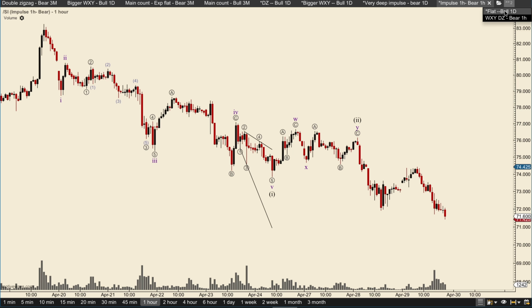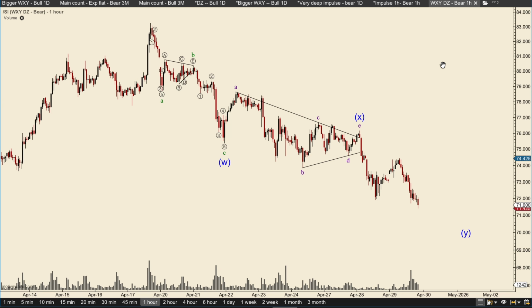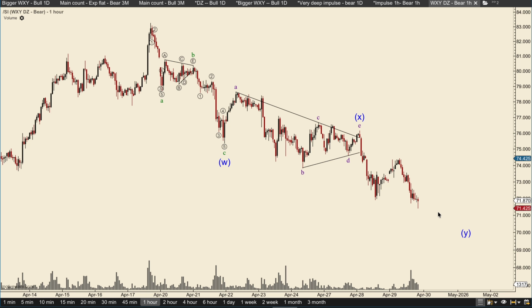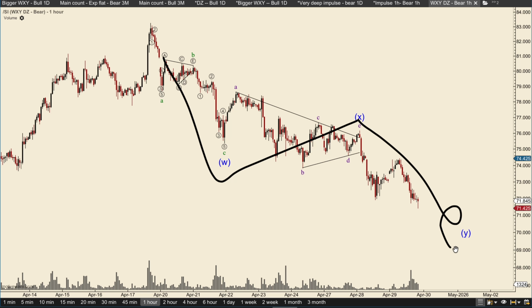So if we look then at the other possibility to count this like this, so A, B, C here, a W with a triangle here in wave B, and then we have a bigger triangle, so A, B, C, D, E in a wave X, and now we are looking for a zigzag here for a finishing wave Y, forming a double zigzag like this.